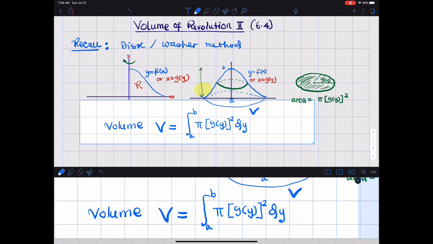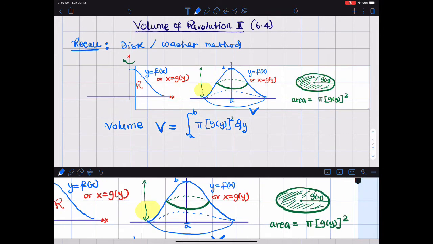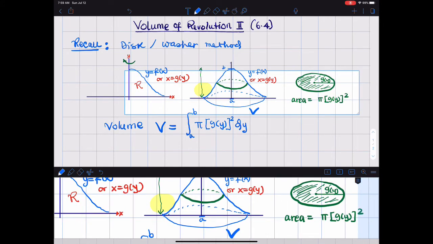This was what we did in the previous section. And remember, I warned you to not use this as a formula, to develop the habit of always setting up the problem like we did. Look for the disk, sketch the problem, get the disk, and try to add up every possible disk using integration.